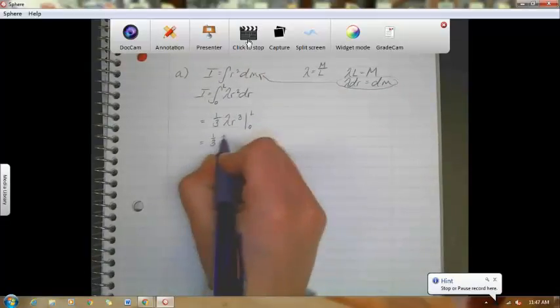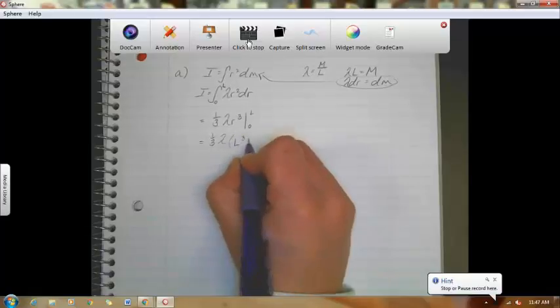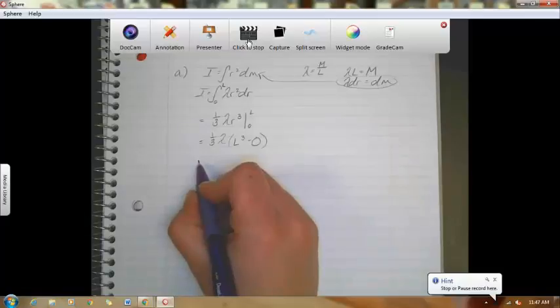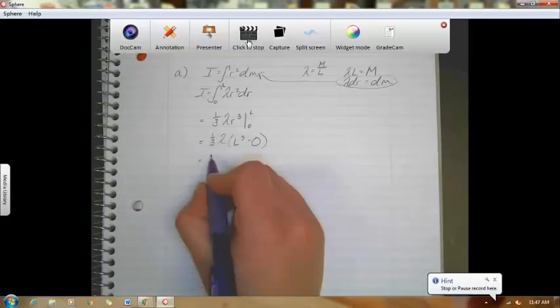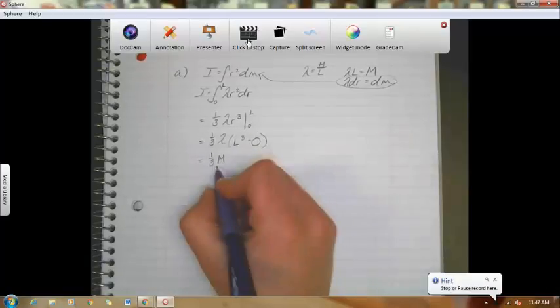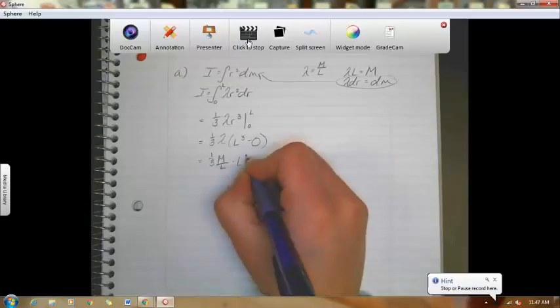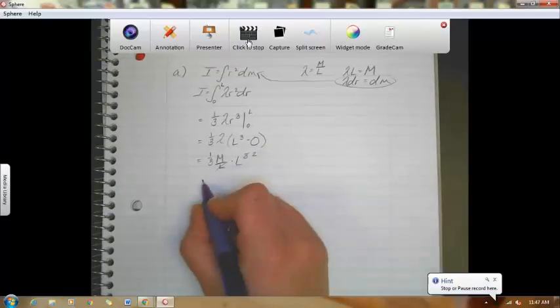And we can substitute back in for our lambda, so we get 1/3 times M over L times L cubed. We can see that the L at the bottom is going to cancel out, and this is going to become squared. So we get 1/3 M L squared is equal to our moment of inertia, which is what the problem asked us to find for part A.